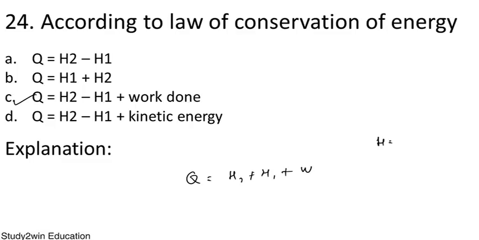Enthalpy in itself contains the internal energy, so there is no point in adding the internal energy to the enthalpy change. So option D cannot be correct, and option C is correct. Q is H2 minus H1 plus work done. All heat supplied is either converted into the change in enthalpy or used to do work.